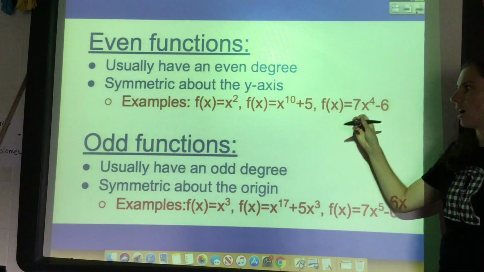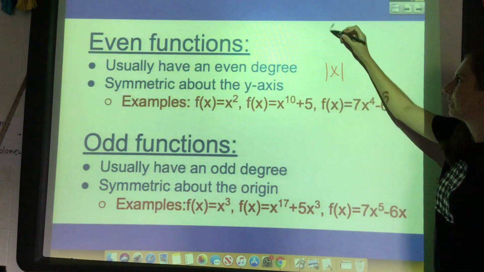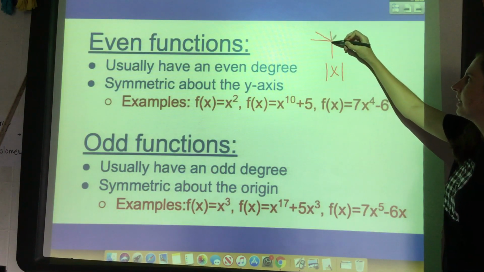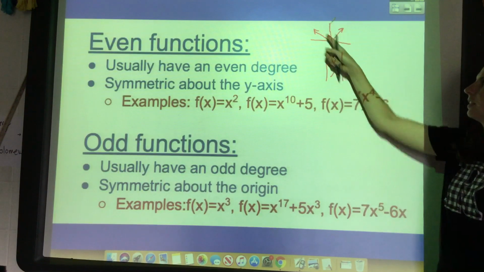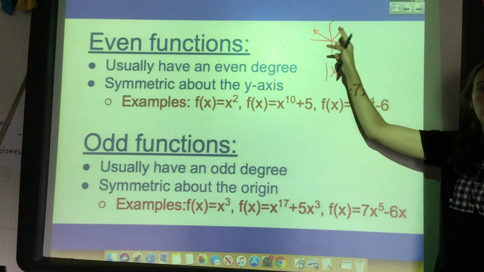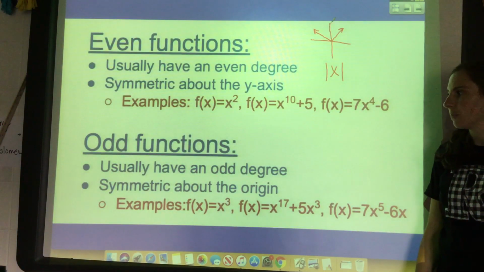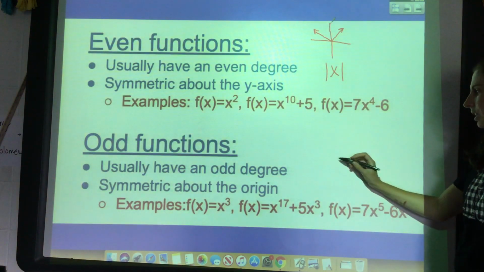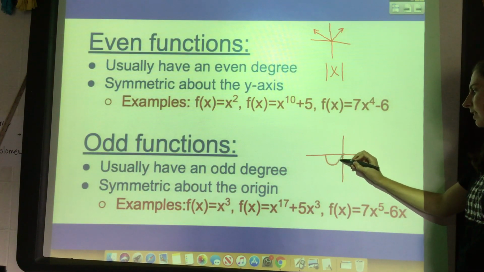For example, the square root of x. We've talked about its graph a little bit. Its graph just makes a v. Well, that was a bad v, but you get the idea. This one is symmetric about the y-axis, making it an even function. An odd function would be the sine wave, which we haven't talked about a whole lot, but it looks kind of like this.